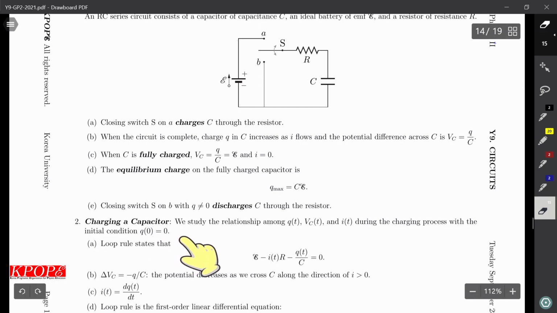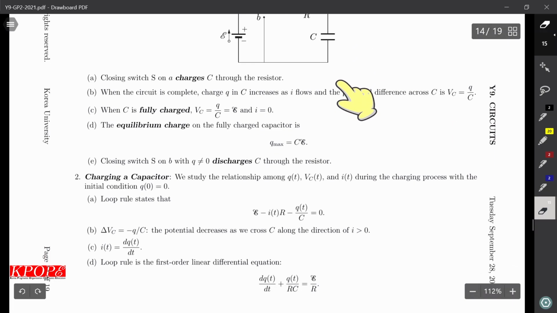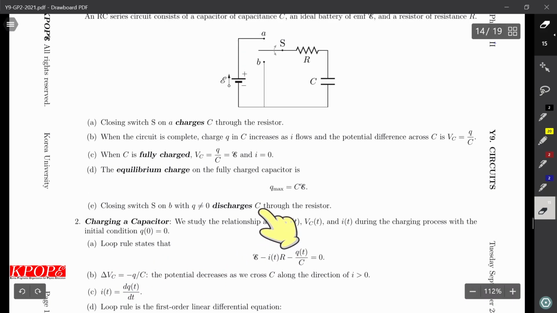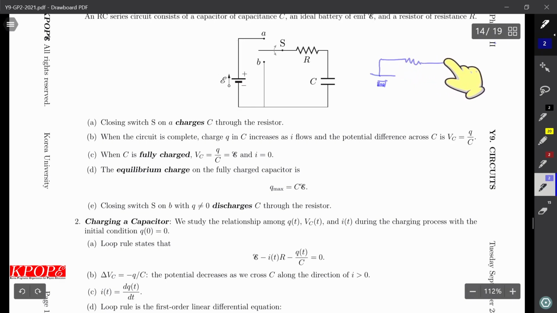So let us consider the case when the capacitor is completely discharged at t equals 0. The loop rule states that when the circuit is completed, we have a single loop circuit.